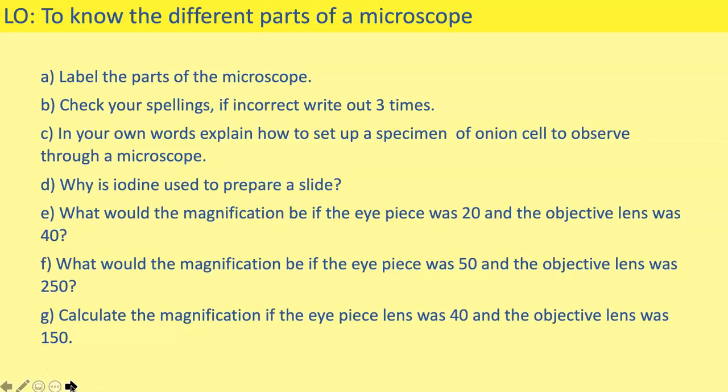If we haven't spelt it right, then we need to write it out 3 times. Then we need to use our own words to explain how to set up a specimen of onion cell to observe through a microscope. Then we explain why iodine is used to prepare a slide. And then we have some more magnification questions. So pause the video, have a go at these, and then I'll go through the answers for you.